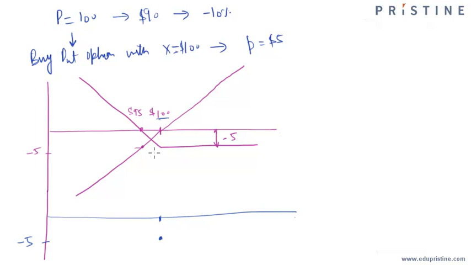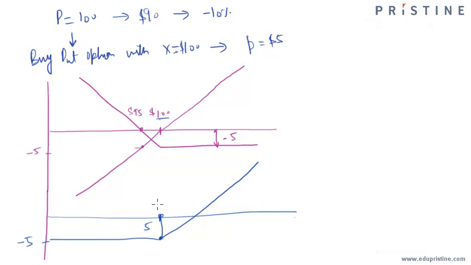Below the $100 price, I have two lines. One line is going upward, another line is going downward. So the resultant would be a line with a slope of 0, and beyond $100 I have an upward going line and a line parallel to the x-axis. So the resultant would be an upward going line with a slope of 1. This distance is $5.